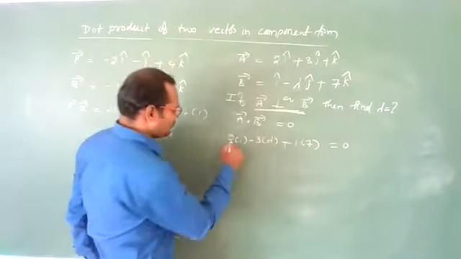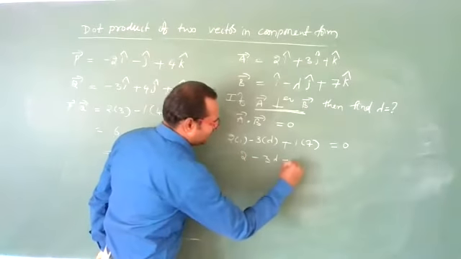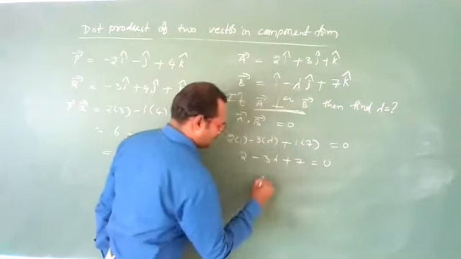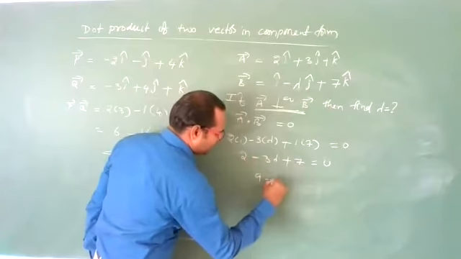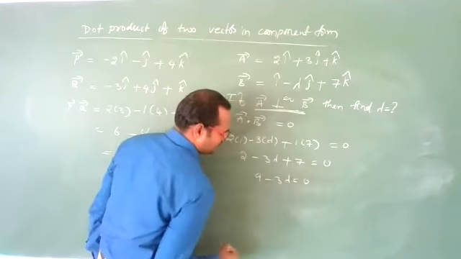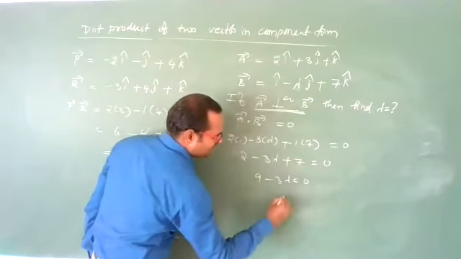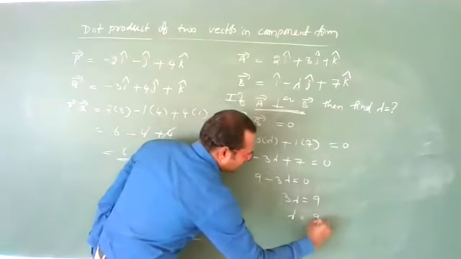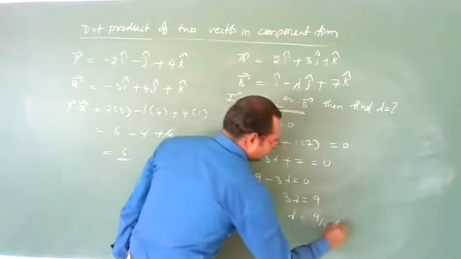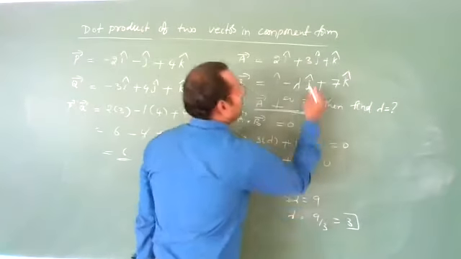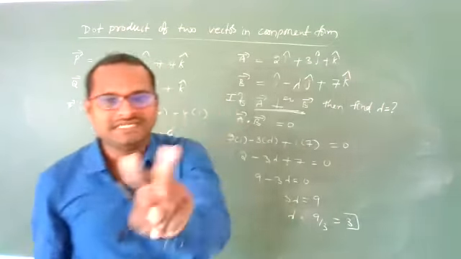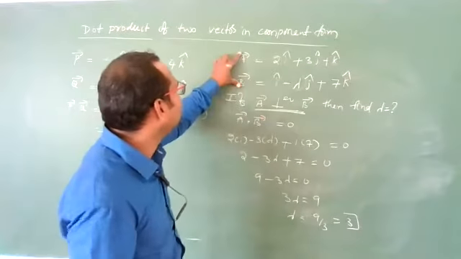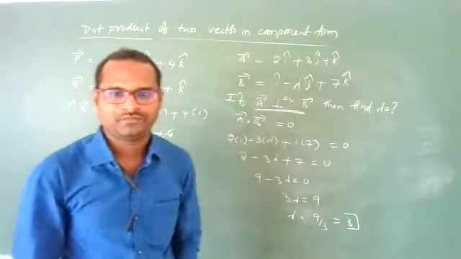So 2 minus 3 lambda plus 7 should be equal to 0. 7 plus 2 is 9. 9 minus 3 lambda should be equal to 0. 3 lambda going to that side will become plus 3 lambda equal to 9. Then lambda is equal to 9 by 3, which means it is 3. So the value of lambda should be 3 for a bar and b bar to be perpendicular.